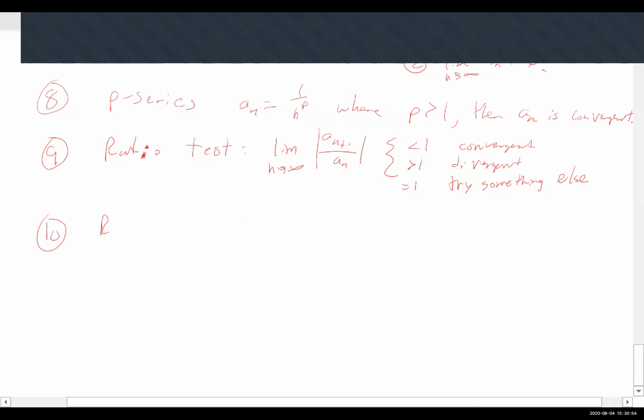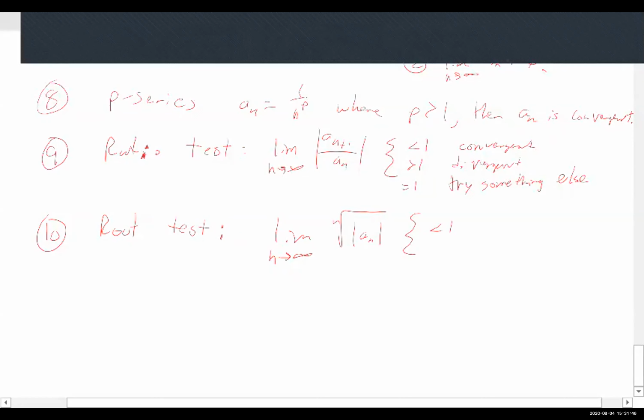Okay, and number 10, the root test. The limit as n goes to infinity of the nth root of the absolute value of a sub n.